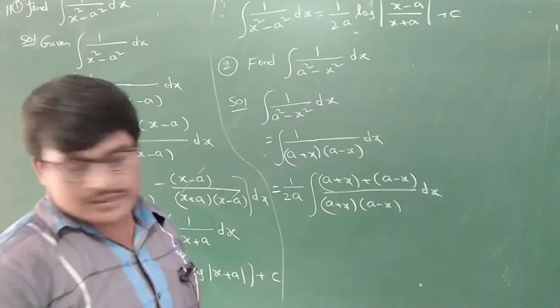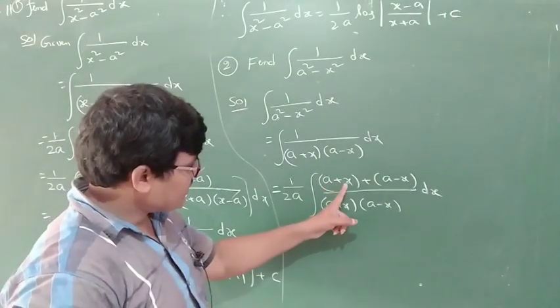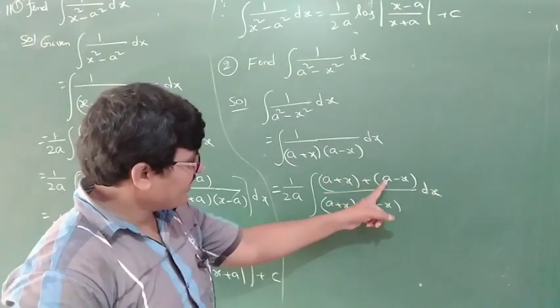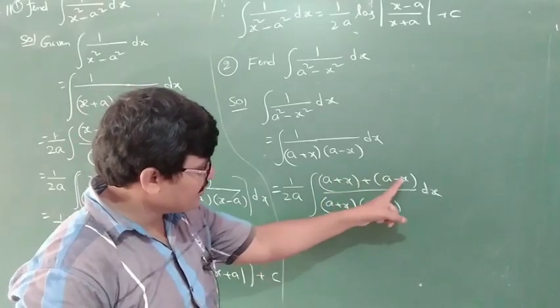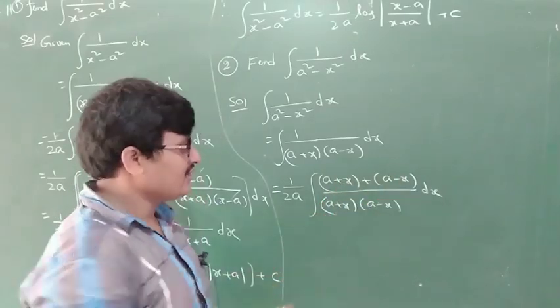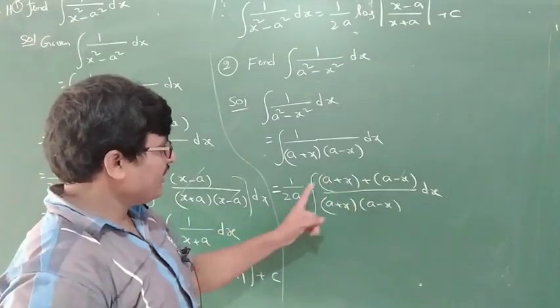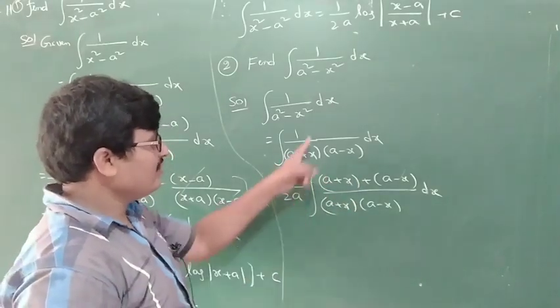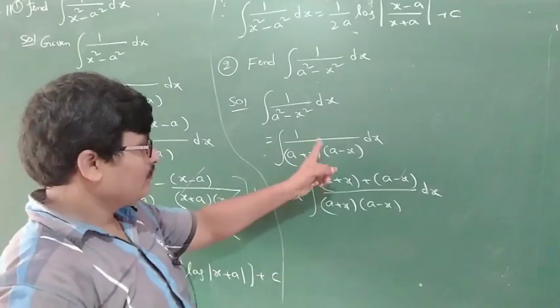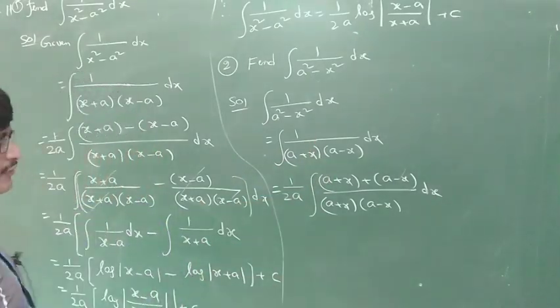Okay, simplify. A plus x plus a minus x: plus x minus x cancel, so 2a. 2a divide 2a means both cancel. Okay, we'll get the previous form.